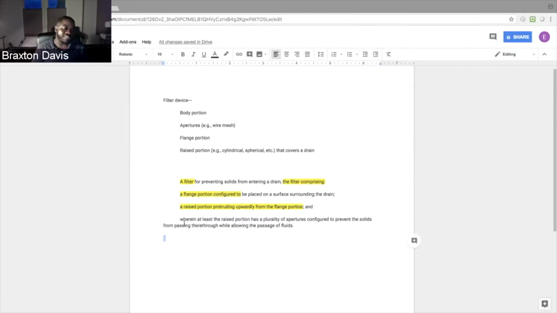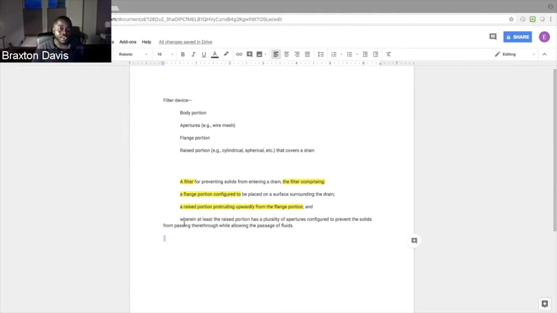Would this device still operate if I had a solid flange portion and I only had apertures in the raised portion? So these are the things that I'm thinking as an attorney to get my inventor or my client the maximum protection possible.